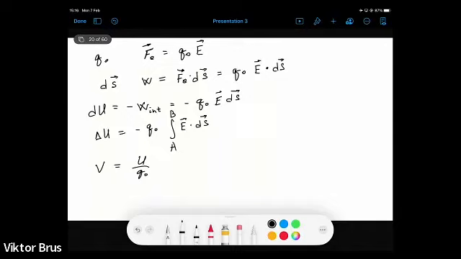So in each point which corresponds to potential energy U, we can now define potential V. And similar to potential energy, potential V is also a scalar quantity.